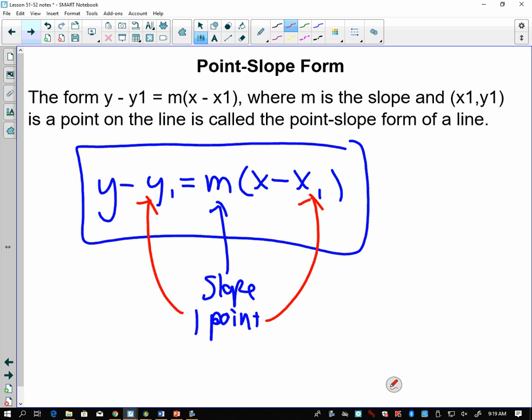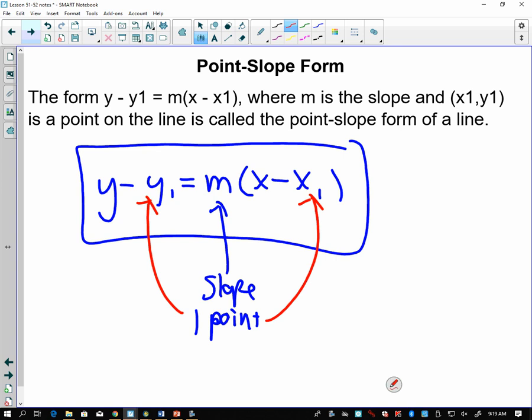Once we have those things, we can solve for the slope-intercept form of the equation. Okay, are we familiar with the fact that m is our slope? Now your y, where it's just y, and your x, where it's just x, those things we won't substitute. We won't substitute anything in for that.